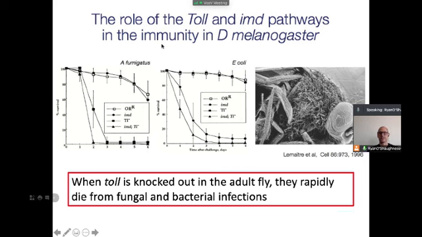And this happens if you infect them with A. fumigatus or Escherichia coli. Or actually not Escherichia coli, my apologies. So this is specific for this A. fumigatus. And if we look at the fly, you can see they're highly infected and infested. So when toll is knocked out in the adult fly, they rapidly die from fungal and bacterial infections.